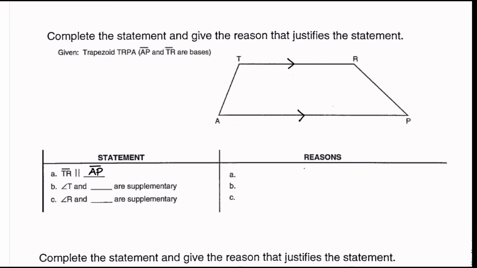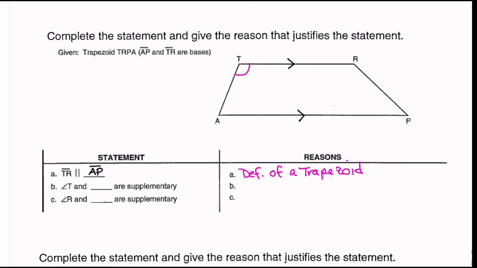A trapezoid. A trapezoid is a quadrilateral with one pair of opposite sides parallel and the other pair are not. Okay, so TR is parallel to AP is what we would say is the definition of a trapezoid. So then angle T will be supplementary to certain angles.